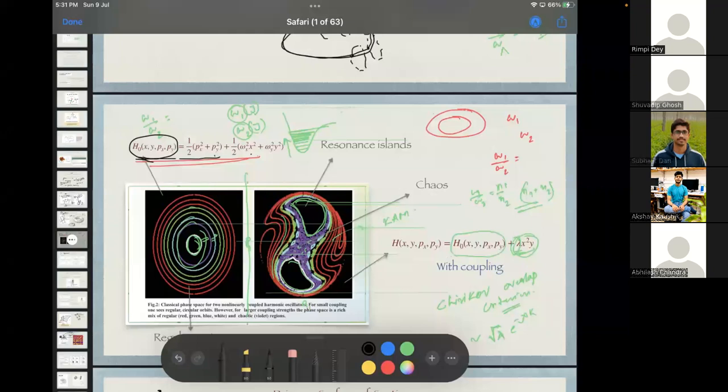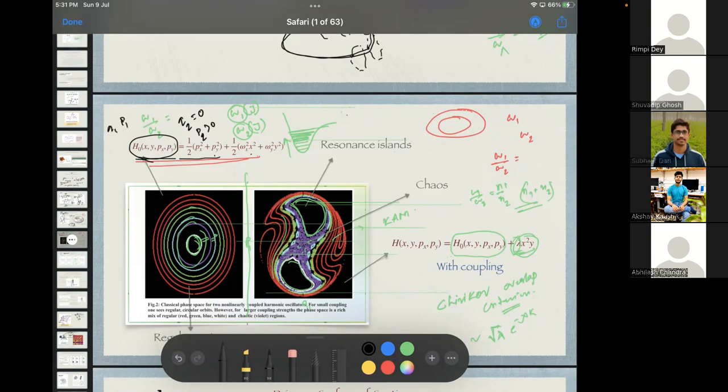Now you do the dynamics, and you can select a particular section, a particular plane. Let's say the section is Q2 equal to 0 and P2 greater than 0. So you put the Q2 equal to 0 plane, and when the trajectory crosses this Q2 equal to 0 plane with momentum P2 greater than 0, then you note down the Q1 and P1 points.